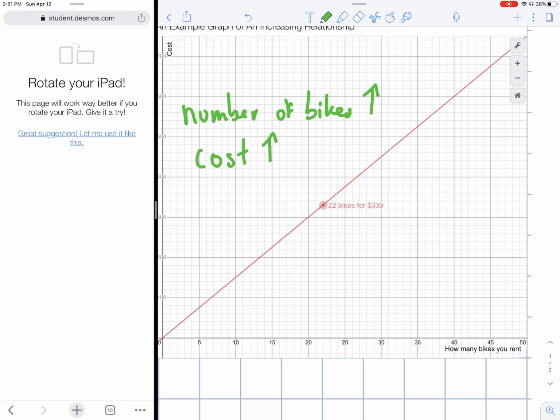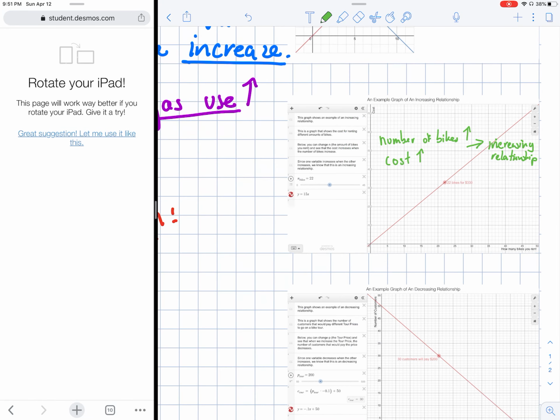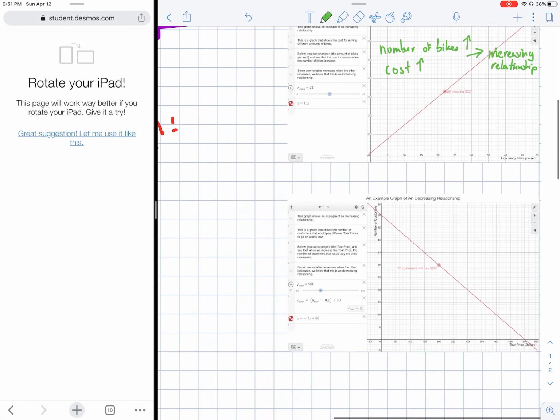So when I increase the number of bikes, I also increase the cost. That tells me that this is an increasing relationship. Cool. An increasing relationship. All right.